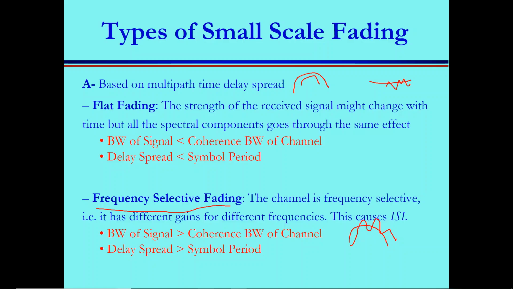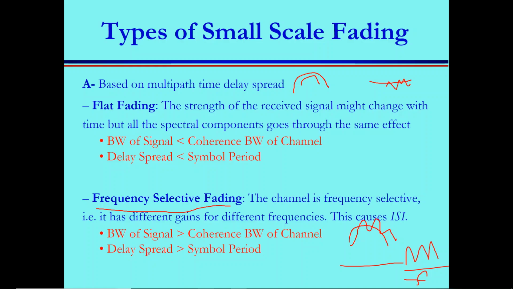When you multiply, this signal has to take the shape of the channel. So your signal becomes not flat like this, becomes selective. Selective in frequency over these frequencies. That's why we call it frequency selective. Selective in the frequency domain.